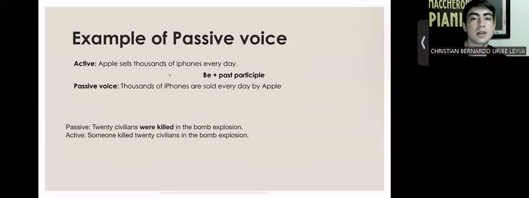In passive voice: thousands of iPhones are sold every day by Apple. Another example in passive: 20 civilians were killed in the bomb explosion. In active: someone killed 20 civilians in the bomb explosion.